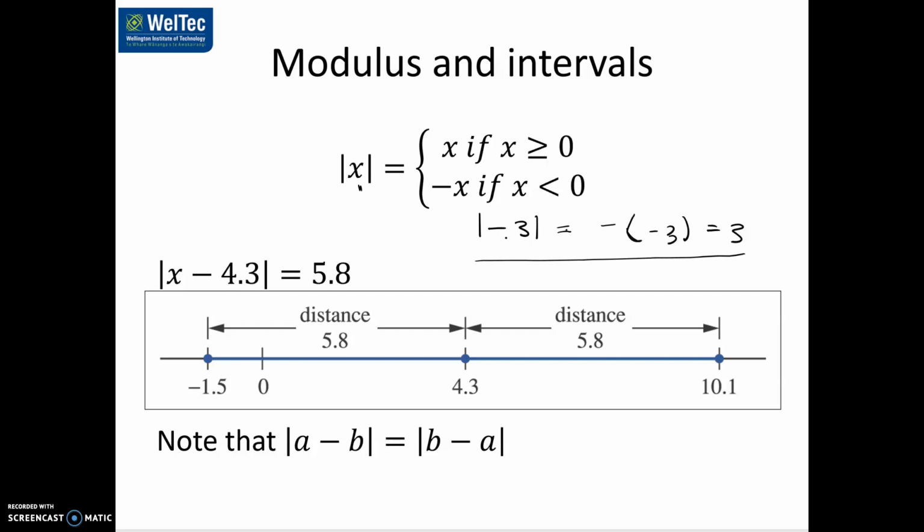So 4.3 adding on 5.8 gives you 10.1, and going in the other direction gives you negative 1.3. So the answers there are just so easy from the number line. Put in your 4.3, and the distance then from either direction is 5.8. That's an important thing to know, just to remember that.